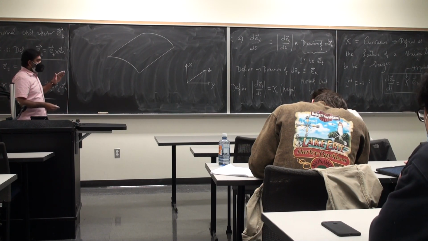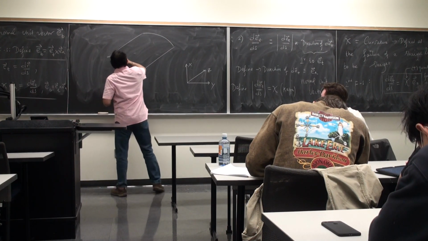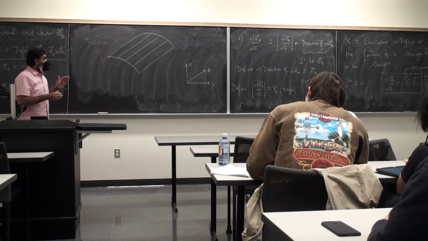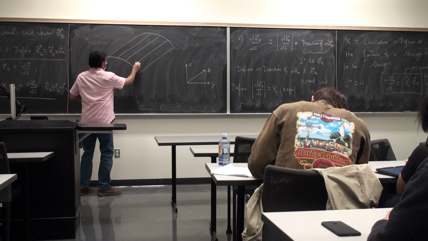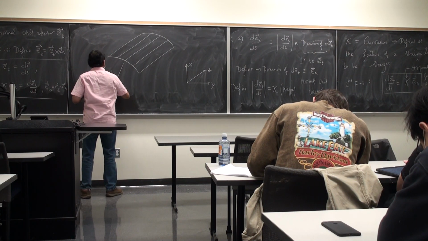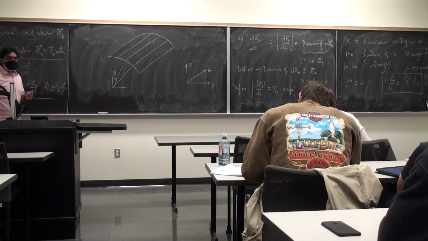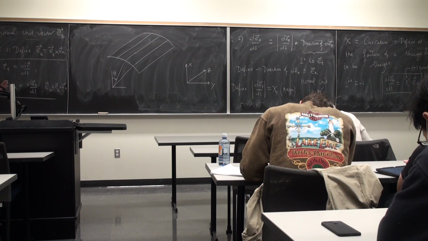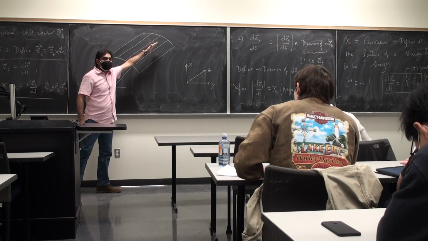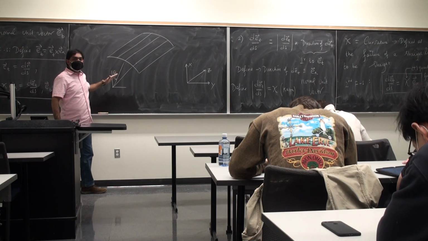If I draw lines along the length of the cylindrical panel, and I'm sitting here as the observer, and I use an angle theta to define where I am on one of these lines, you will see that these are lines of constant theta. Does this make sense to everybody? These lines here are lines of constant theta.